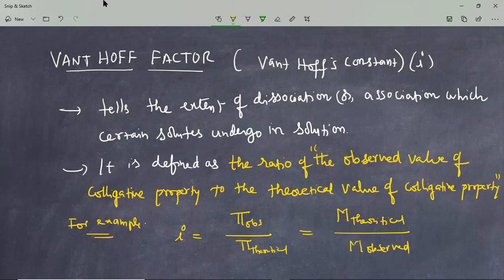How we can write it is: this equals the normal number of solute particles divided by the number of particles after association or dissociation.